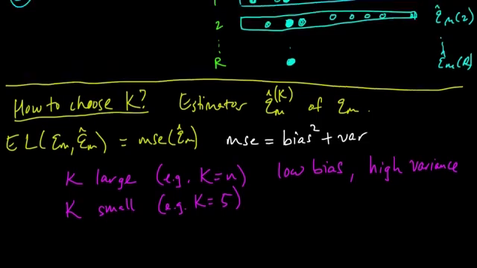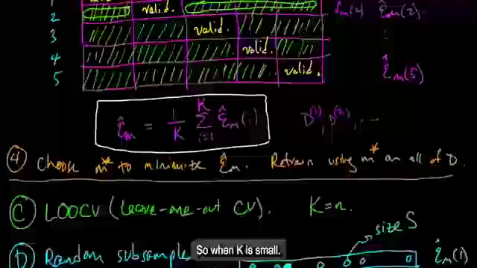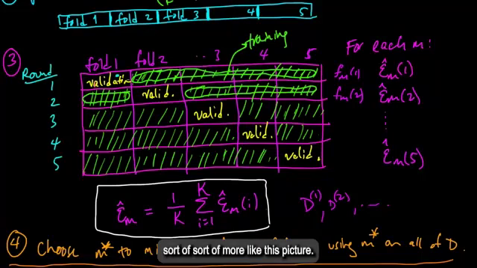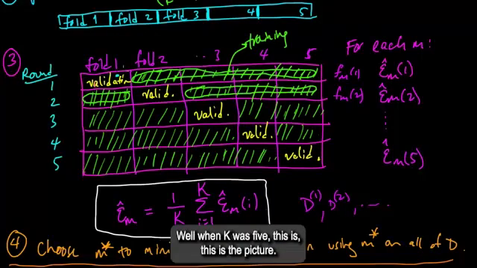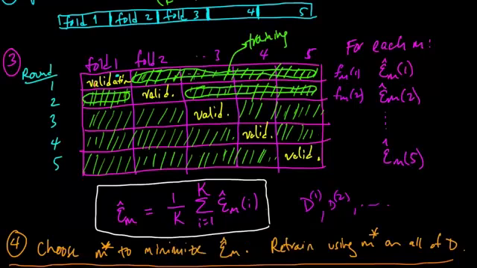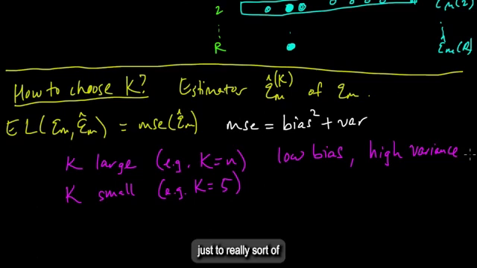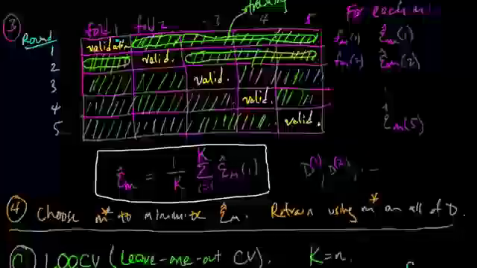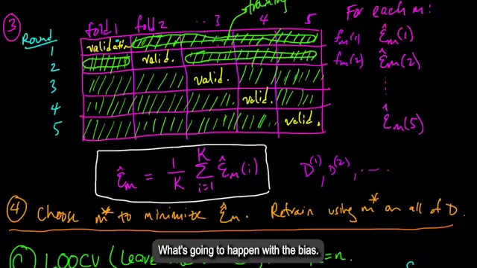Let's think about that. Actually, let's make it even smaller to really see it clearly. Let's say k equals 2, super small. Then what's going to happen with the bias?